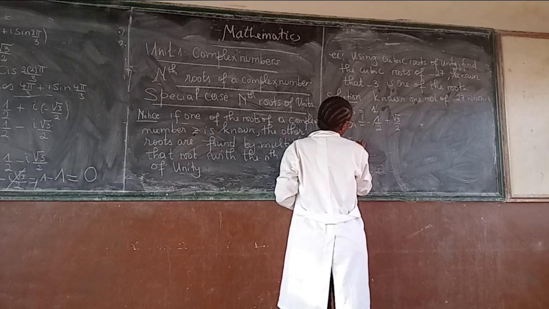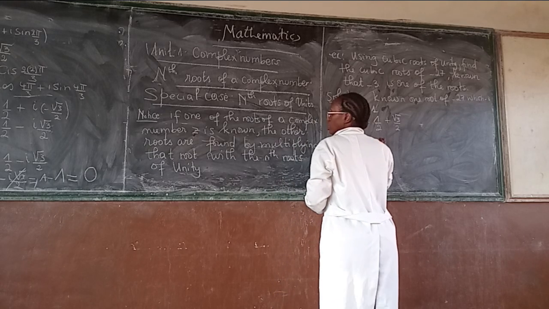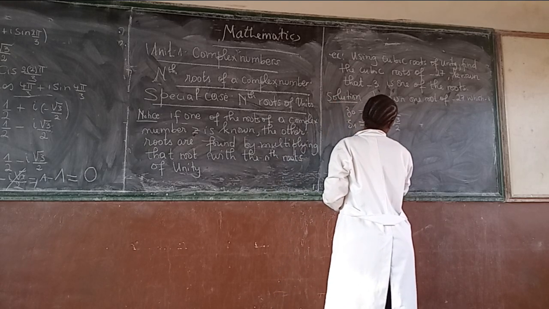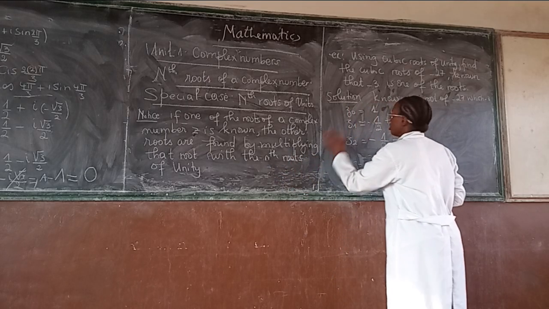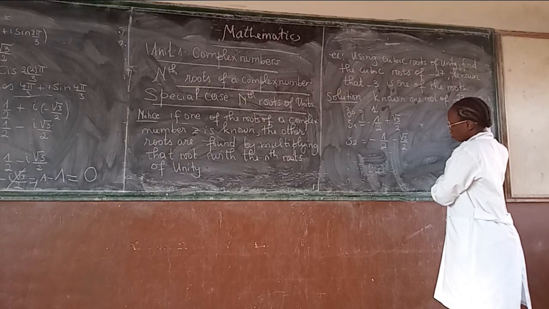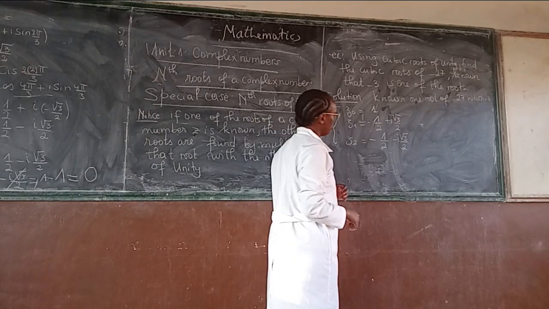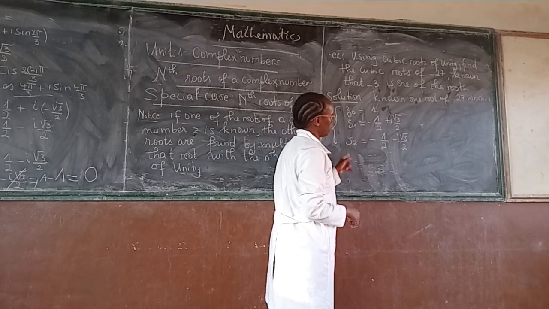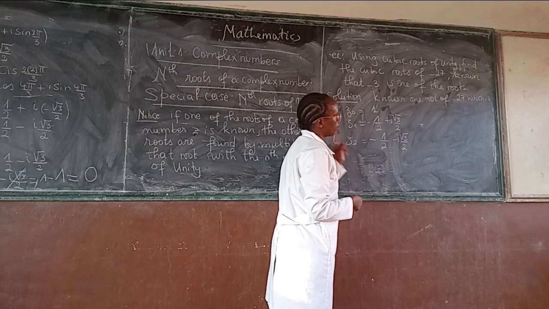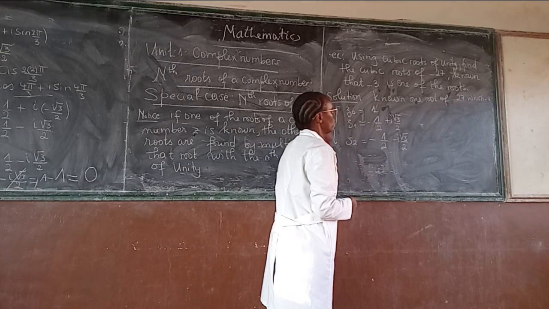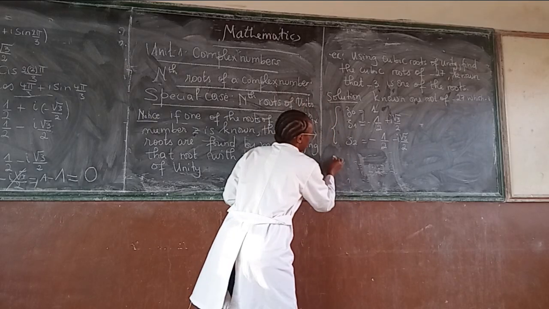The third root is negative 1 over 2 minus i square root of 3 over 2. What we do is multiply that known root by the cubic roots of unity. To get the other roots, since we already know one root of negative 27, we are going to multiply.